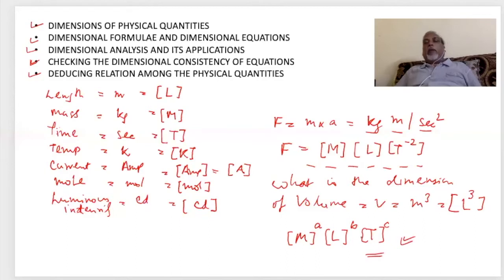Correct? So this is the dimension. This is basically the fundamental thing.